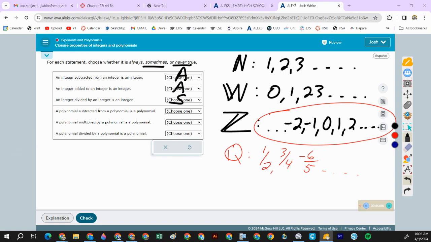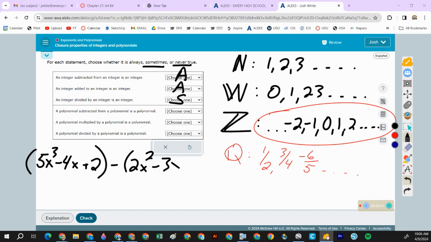Now we're going to do the same thing with polynomials. If I take a polynomial and I subtract a polynomial, so let's say I had 5x to the third minus 4x plus 2, and I subtract 2x squared minus 3x, is that a polynomial?